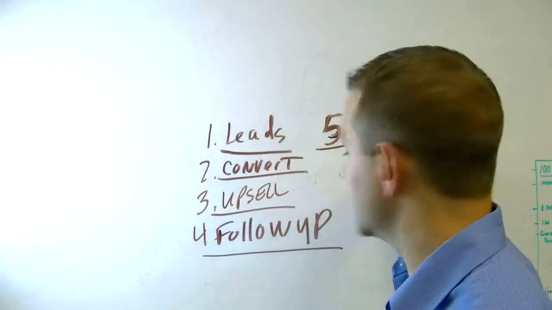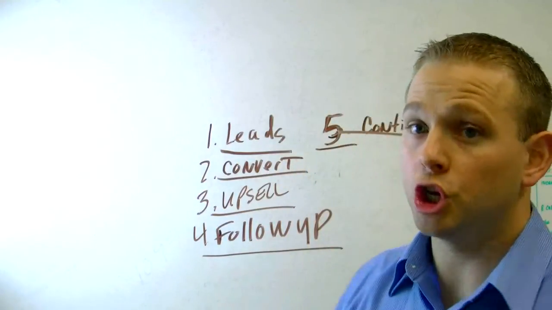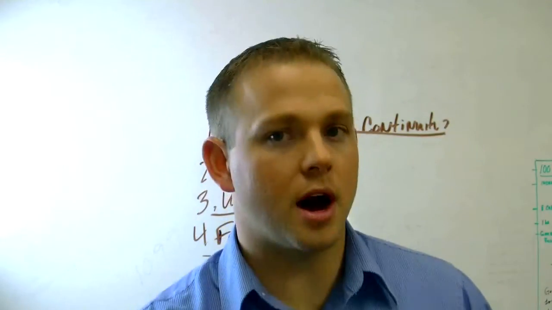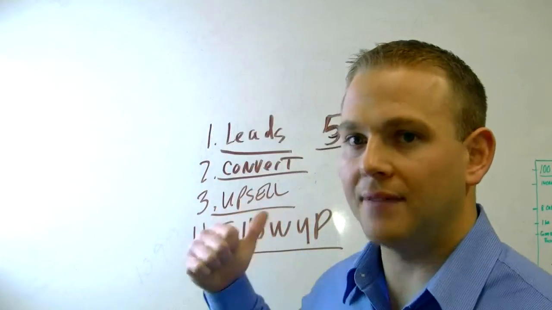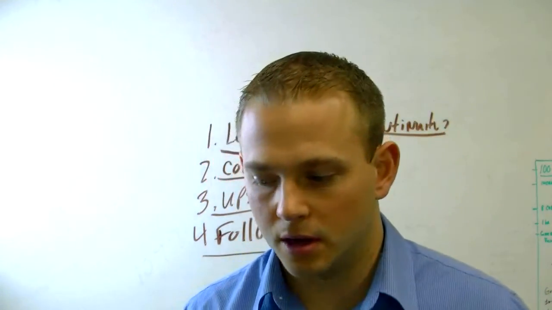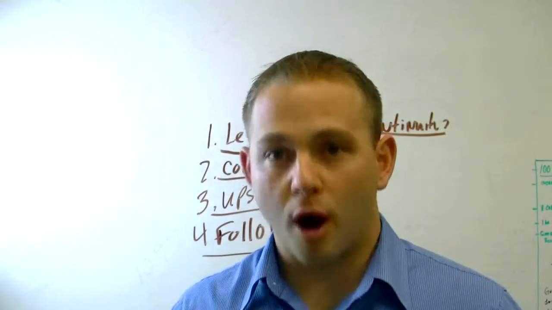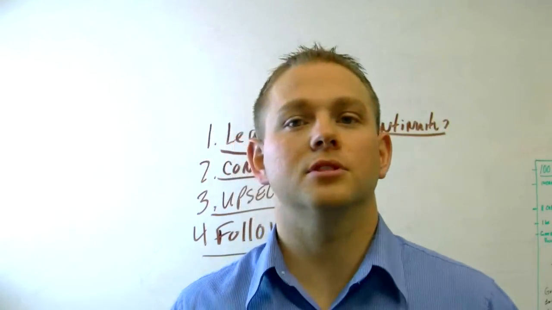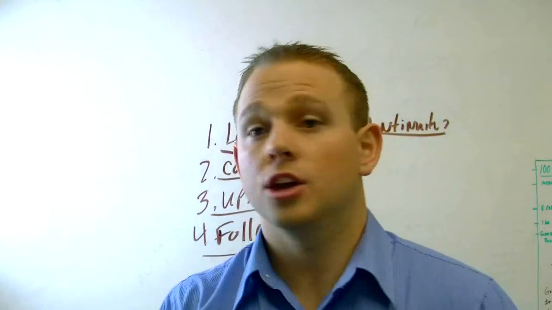Most offline businesses don't have this. Huge mistake. And I recommend that if you're going to succeed in the new economy, you start having some type of continuity program. So you're thinking to yourself, but Brian, I'm an electrician and I'm not able to have a continuity program. You know what?